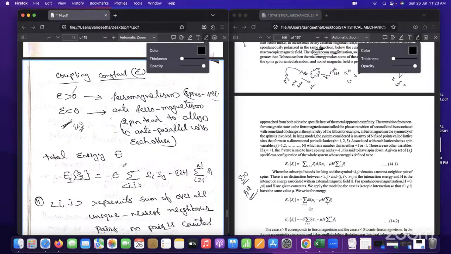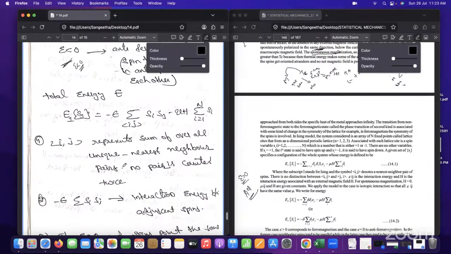So here we have a few terms. Total energy calculation. Total energy E is equal to, this equation we will get. Total energy E equals the sum of S_i S_j, minus mu H times the sum over i equals 1 to N of S_i.